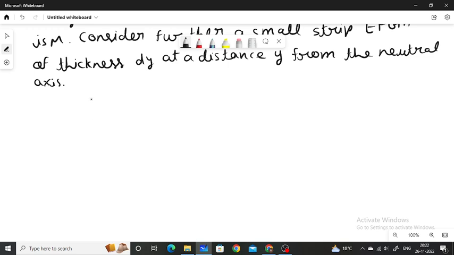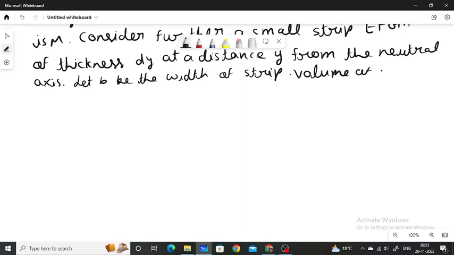Let B be the width of strip. Volume of strip is dx into dy into B.